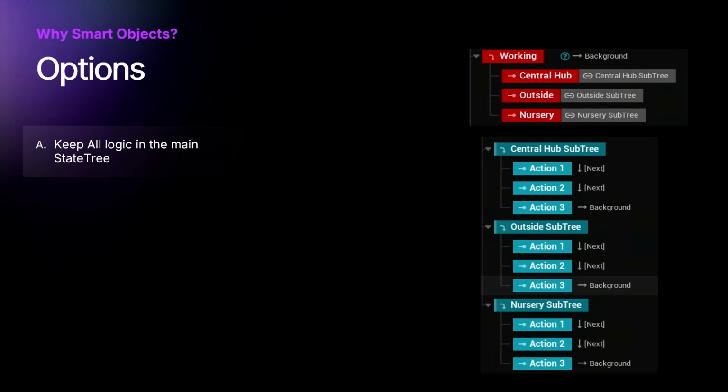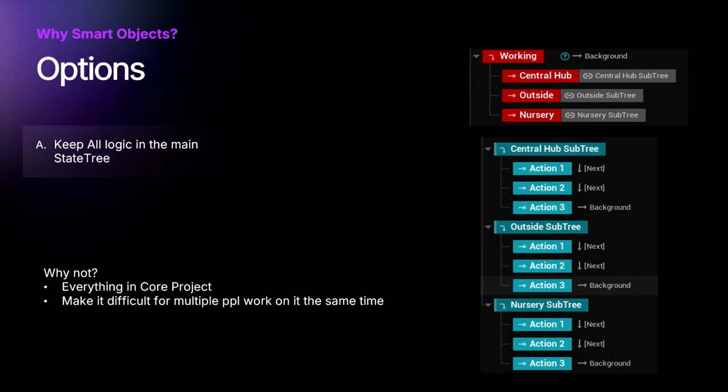So we have explored a few options. The first option is simple and plain. Just keep everything in the main AI state tree. So why didn't we use that? That means we need to keep all the assets in the core project and everything in the same state tree, which makes it difficult for multiple people to work on them at the same time.